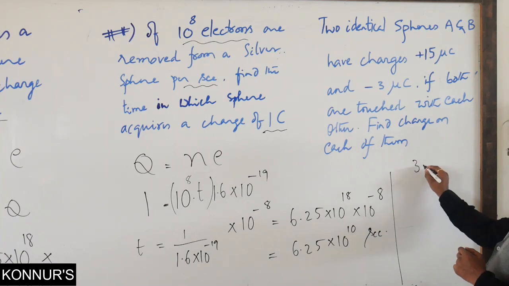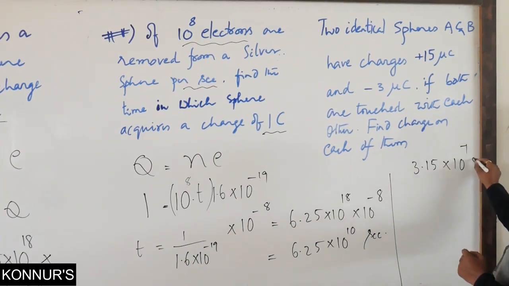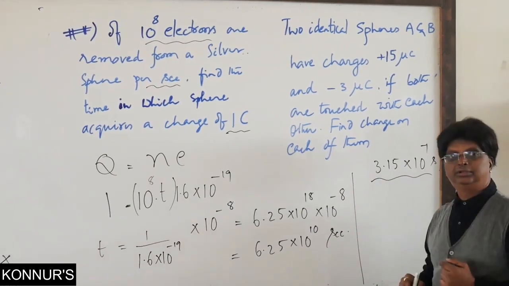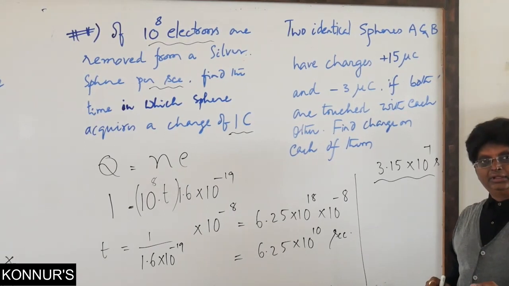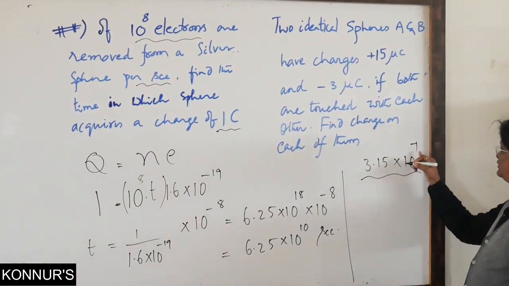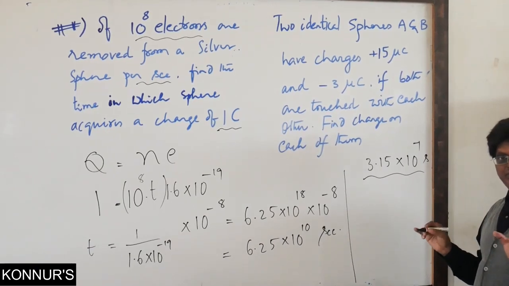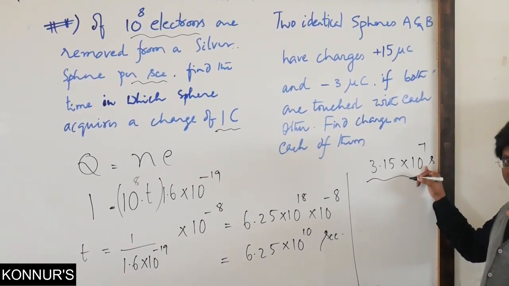3.15 into 10 raised 7 seconds. Do the calculation. One day means 86,400 seconds. Therefore, 1 year means 3.15 into 10 raised 7 seconds. Remember, this is the number of seconds equivalent to 1 year.